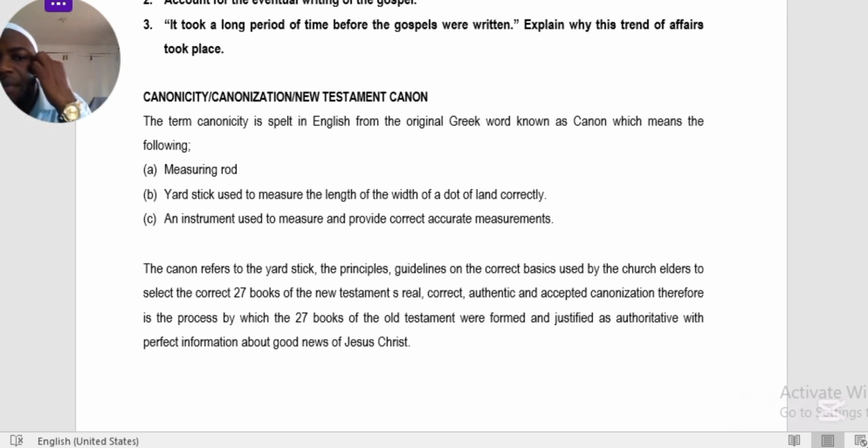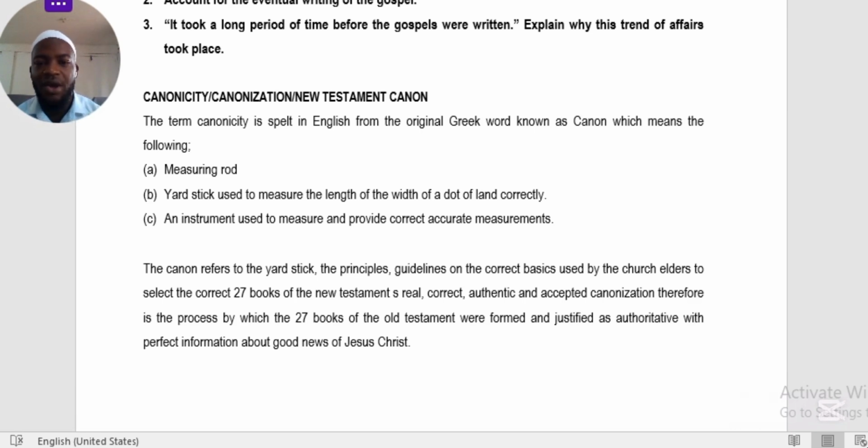So the early church, the canonization, this is the time when they were selecting the 27 books of the New Testament. These are the principles, this is the yardstick, these are the guidelines, these are the criteria they looked at as they were forming the New Testament book.